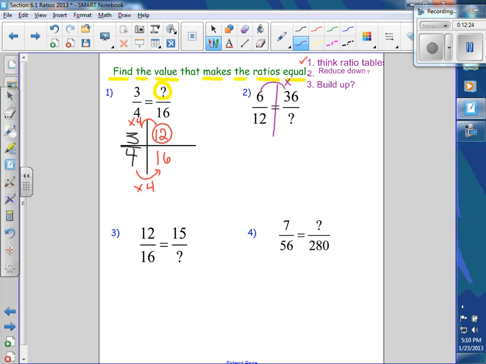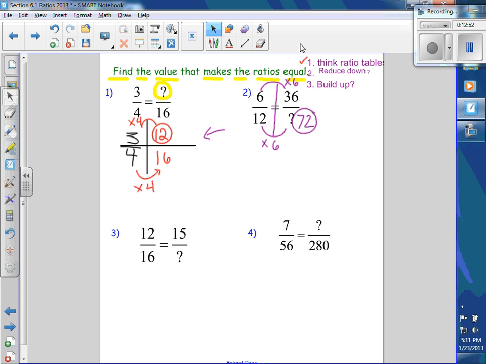Most of you can answer by now that you're going to multiply by 6. So you would do the same thing down here. You would multiply 12 by 6, and you get 72. So that's the missing value. In other words, you just do the same thing to the top as you did to the bottom, just like we do all the time in ratio tables.